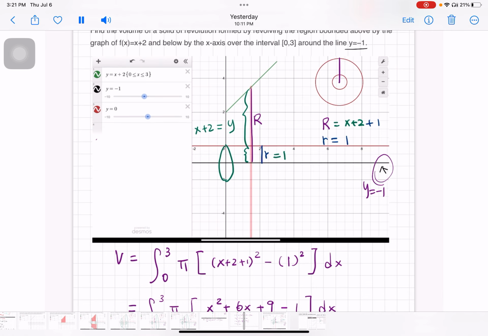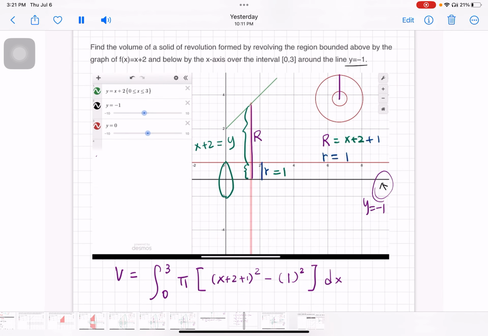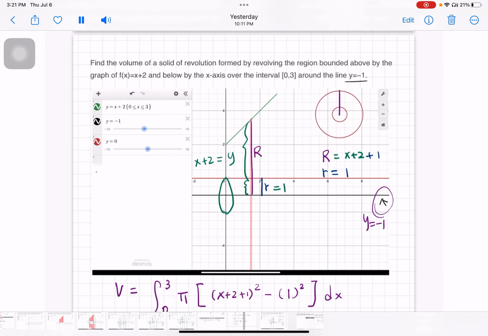So the reason for this method being called the washer or donut method is because there is a hole in the center. We're going to have two different circles. We will use the area of the larger circle, or the radius squared of the larger circle, minus the area, or the radius squared, of the inner circle. And it follows the same thing.